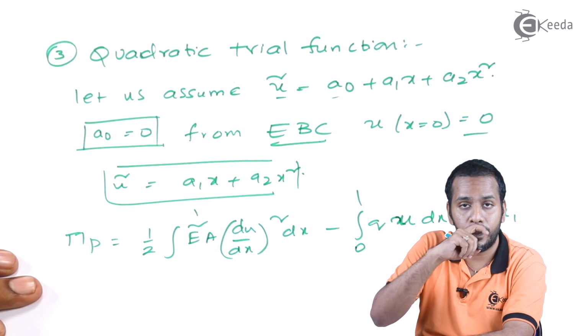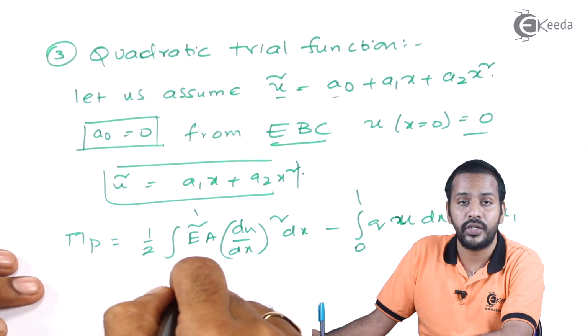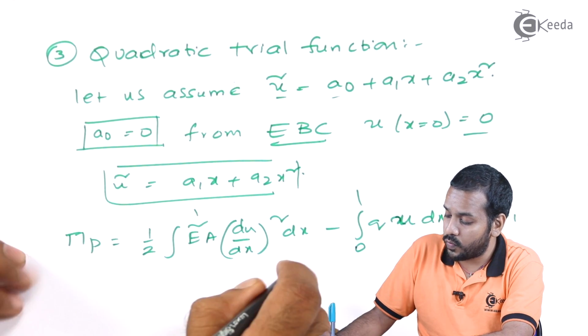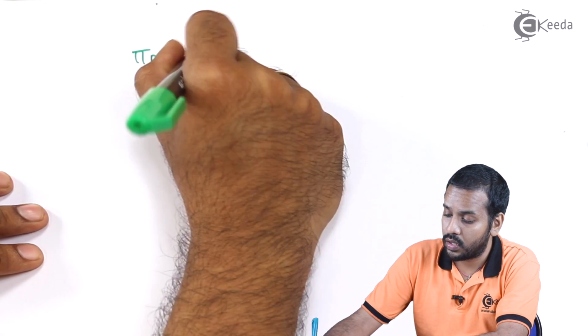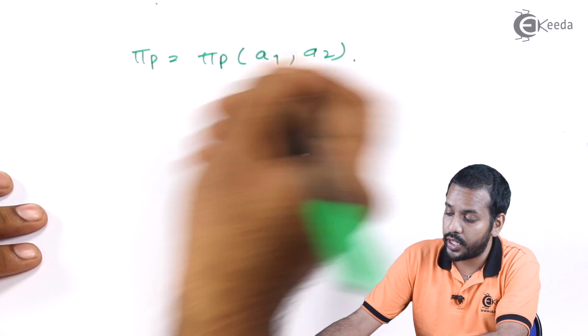So this is the potential. Just substitute this U here, then you will get the potential in terms of, so now pi P will be a function of A1 comma A2.